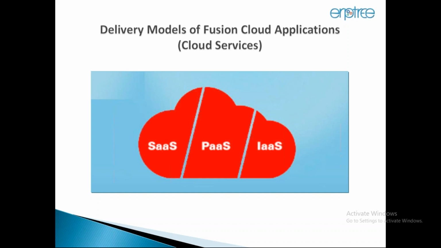So what is this infrastructure as a service? You've seen SaaS, PaaS. In PaaS also, the server is maintained by your cloud service provider, whoever that is. The same will be maintained by the cloud service provider.